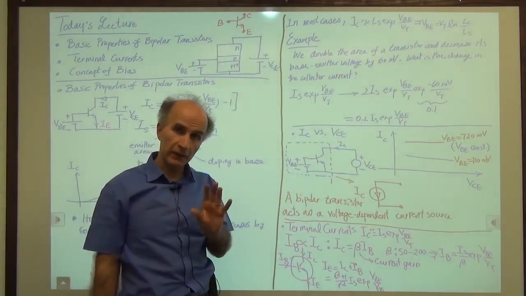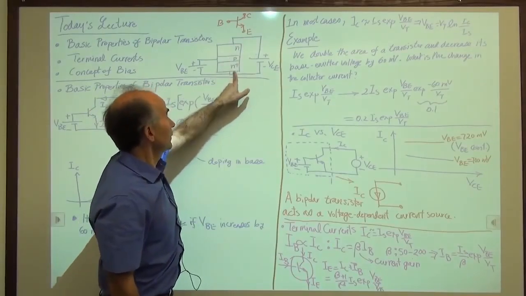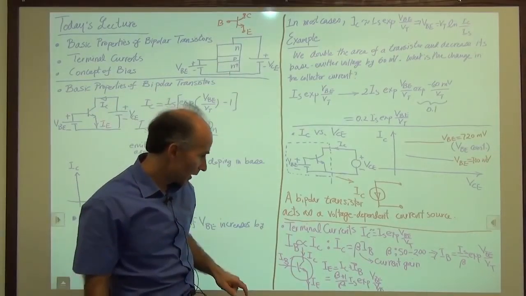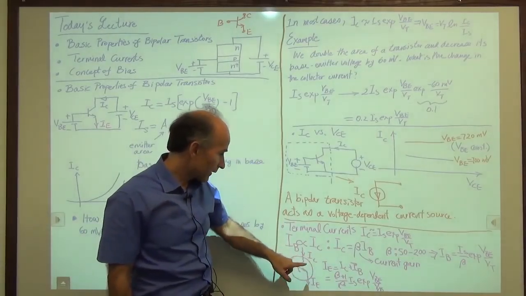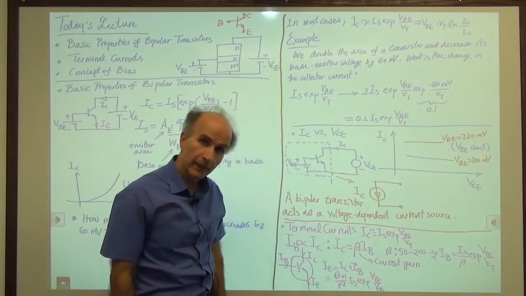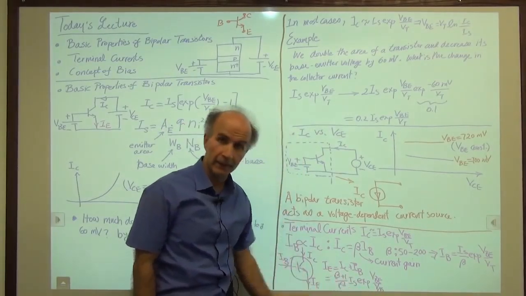So that's the nice little equation that we have for the emitter current. So how different are the collector current and the emitter current? Not much different, because we see that the collector current is just IS times exp of VBE over VT. The emitter current has this factor, beta plus 1 over beta.